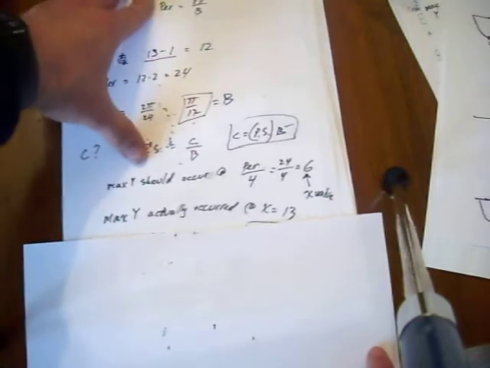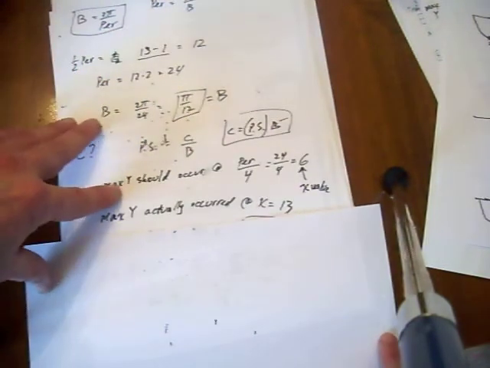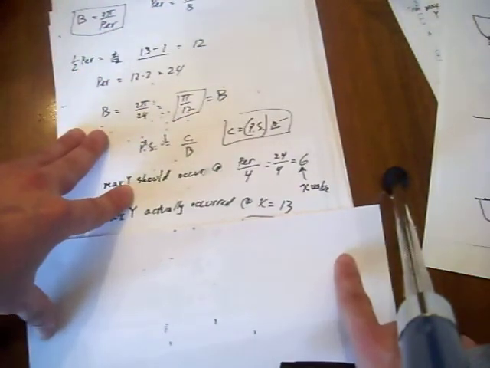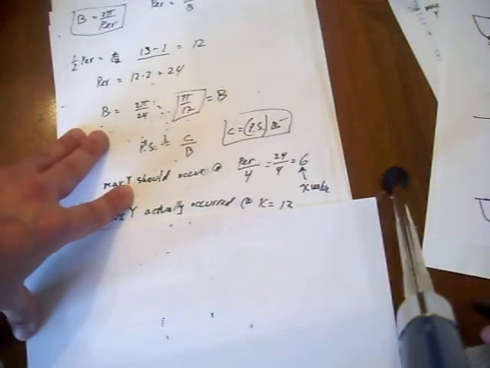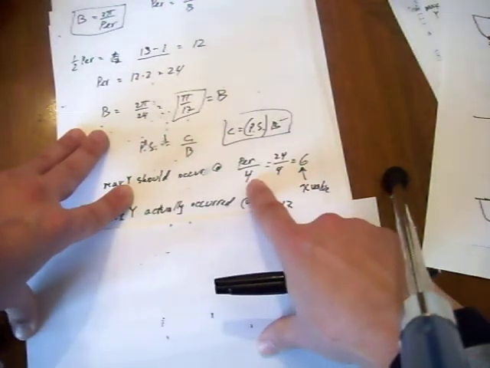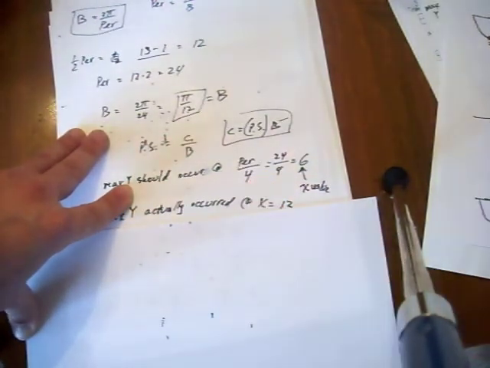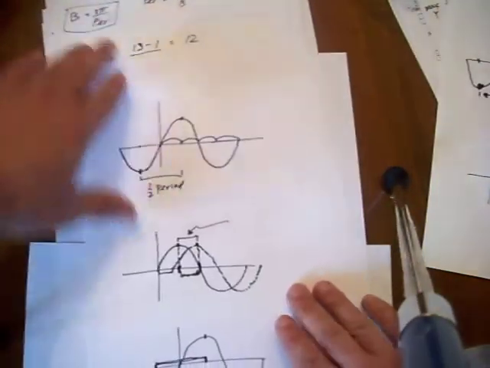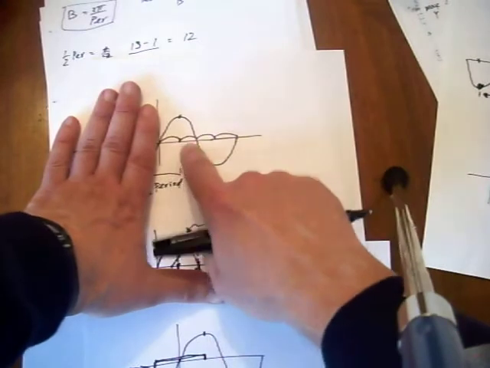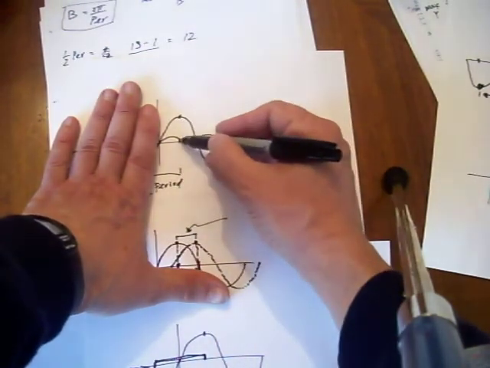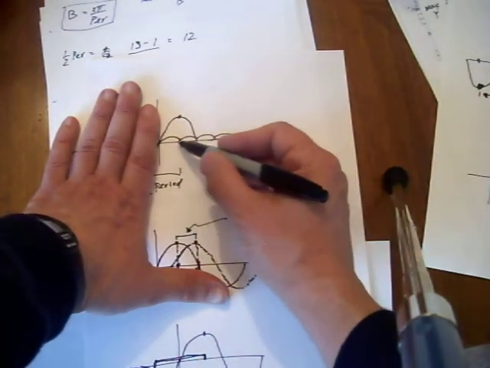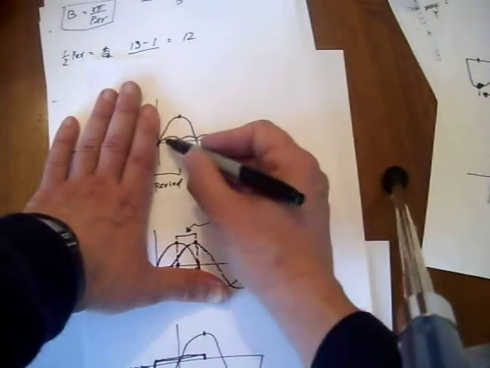Now, looking at our data itself, the maximum y should have occurred at, where does it normally occur? Well, it normally occurs at period divided by 4. If you remember, look back to our basic sine function, the maximum occurs at this point, which is really 1/4 of the whole period.